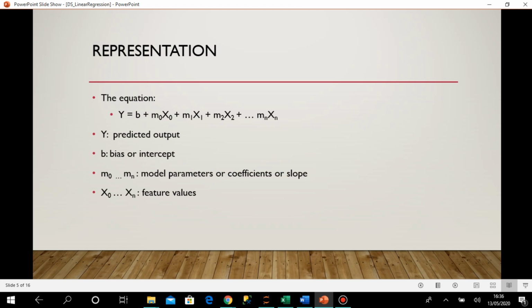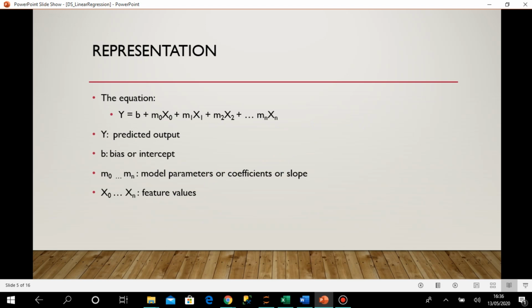Here y is the predicted output, and b is called the bias or intercept. We can keep b as 0, or we can have some value for b. Then m0 to mn are called the model parameters or coefficients or slope, and x0 to xn are the feature values.